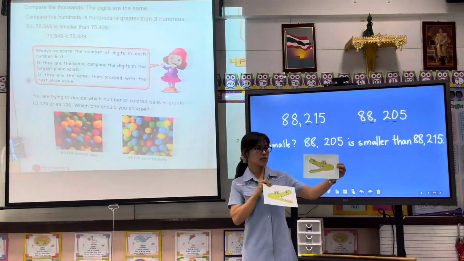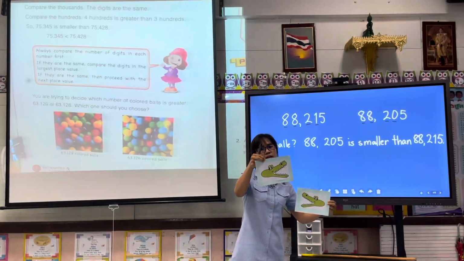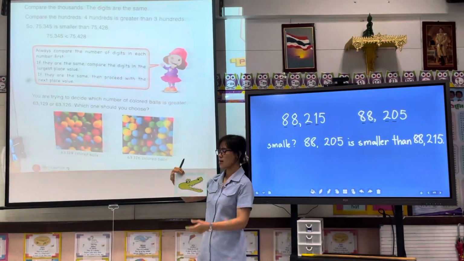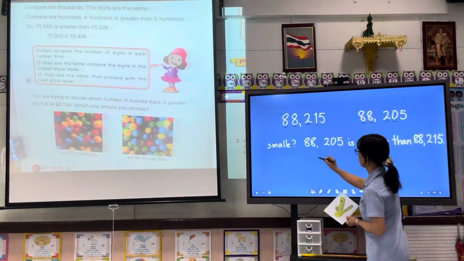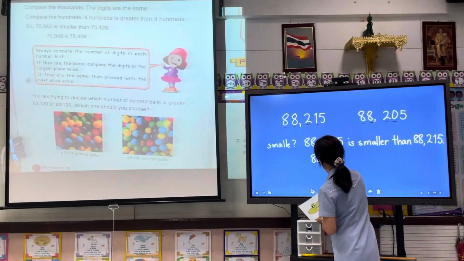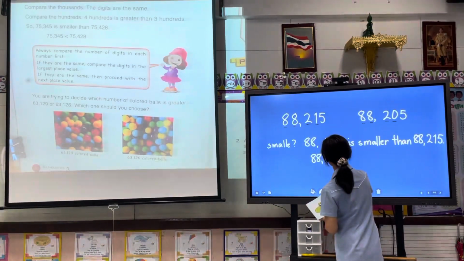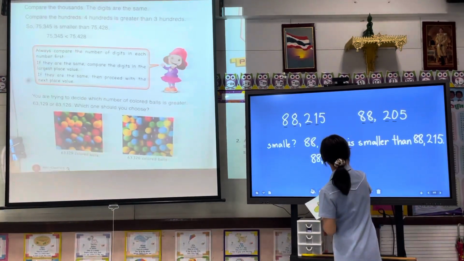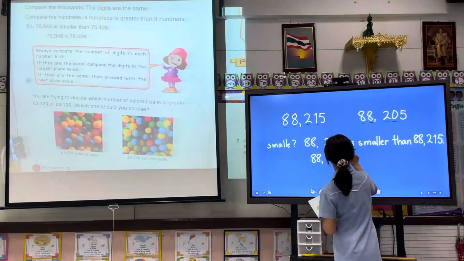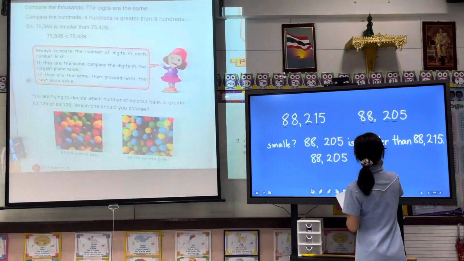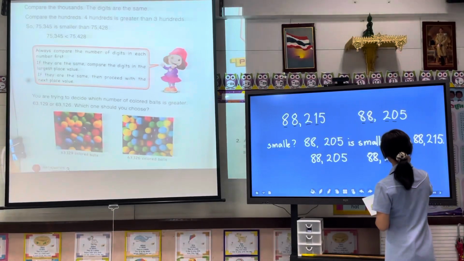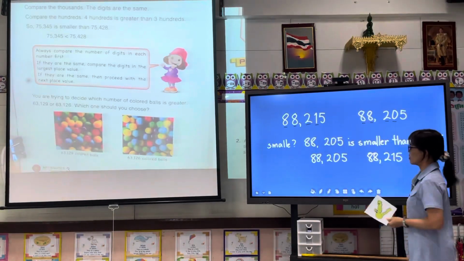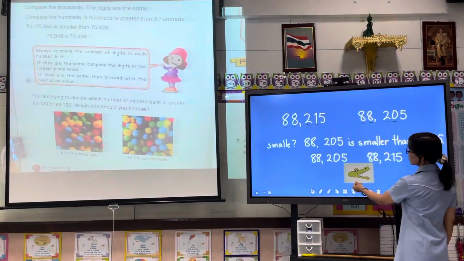Is it this sign or this sign? This sign. So in numeral, 88,205 and 88,215. This is our sign.